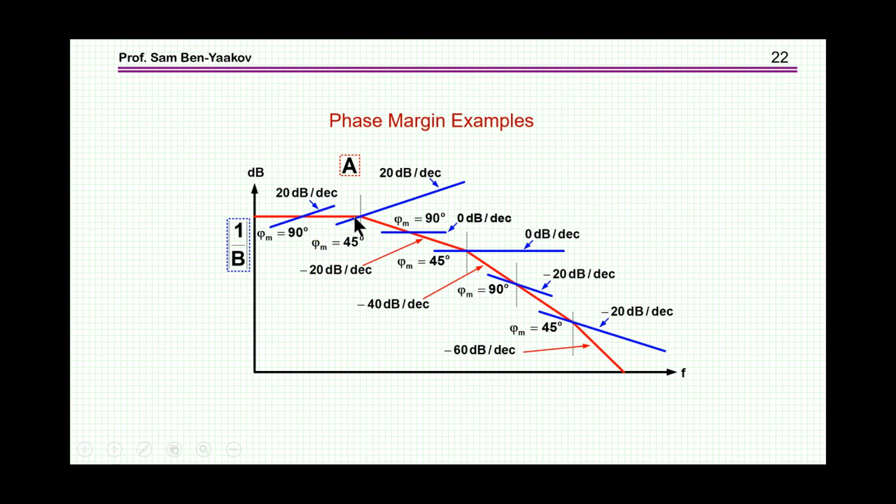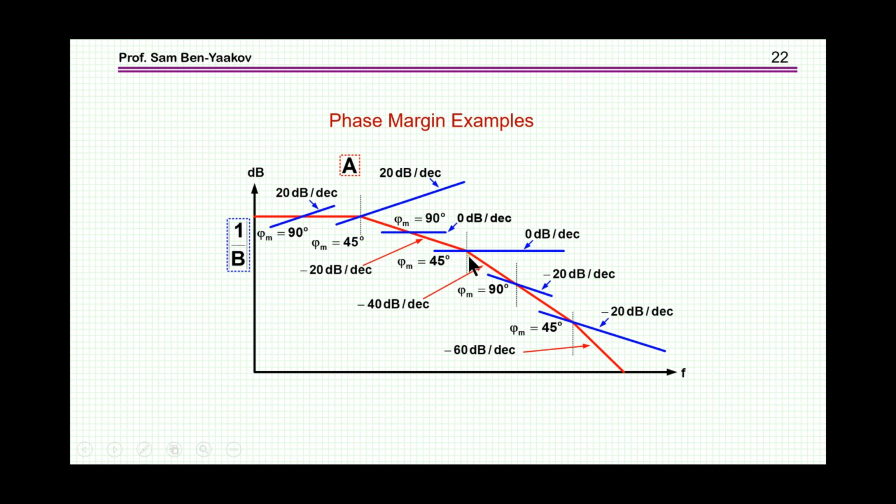Here, for the reason that I've already said, it's going to be 45 degrees. Here, going down 20, straight behavior of the controller, it's going to be a phase margin of 90.